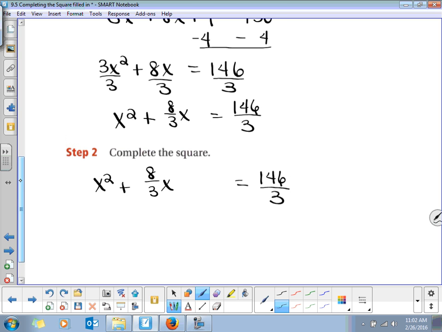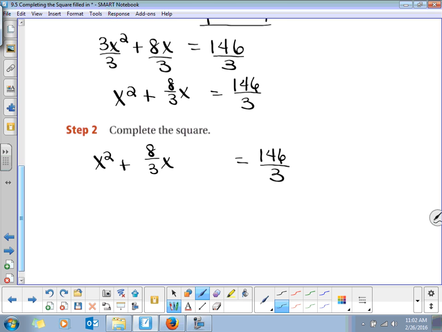Now, remember, to complete the square, we're going to take the b, 8/3, and divide by 2. When I'm dealing with fractions, it means just multiply times 1/2. So times 1/2, that's going to give me 4/3.